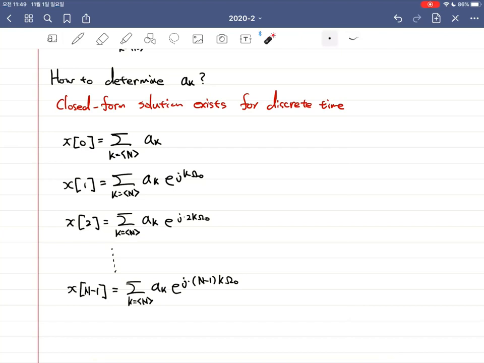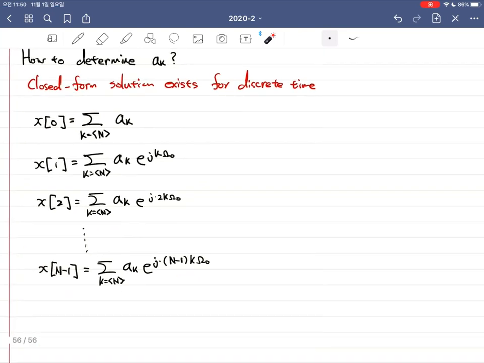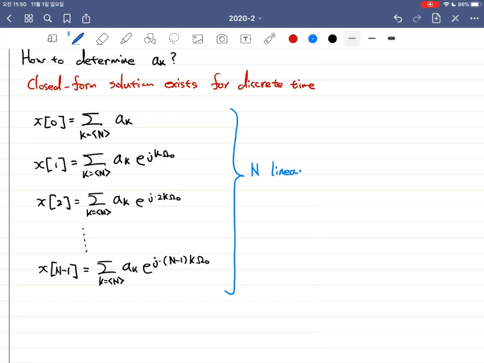So how many equations do I have? I have N linear equations. I have N linear equations for how many unknowns? So this is like solving linear equations, like algebra now.